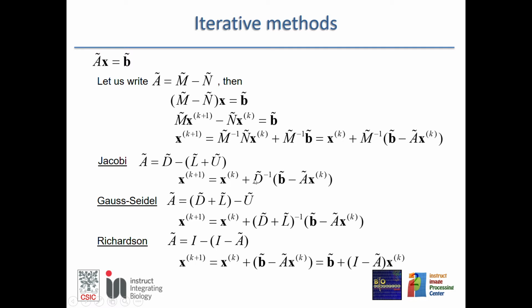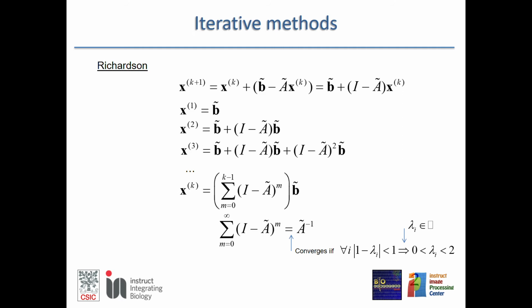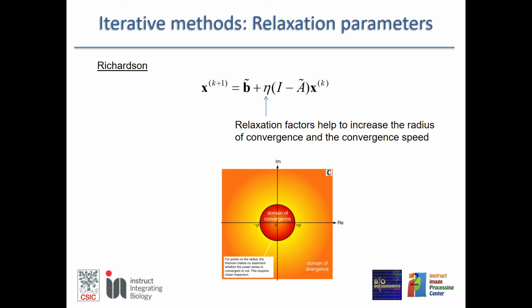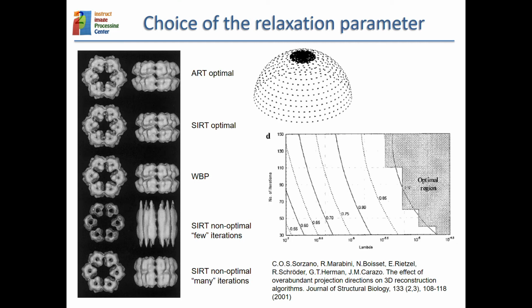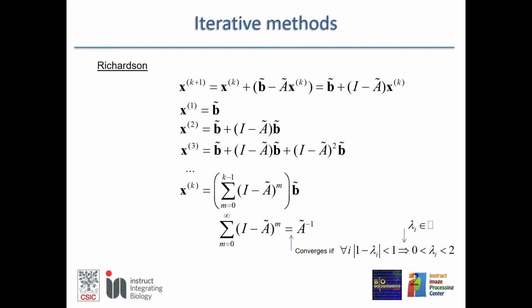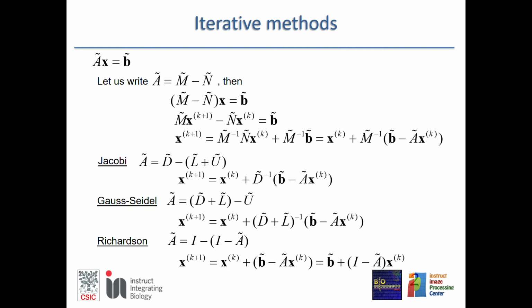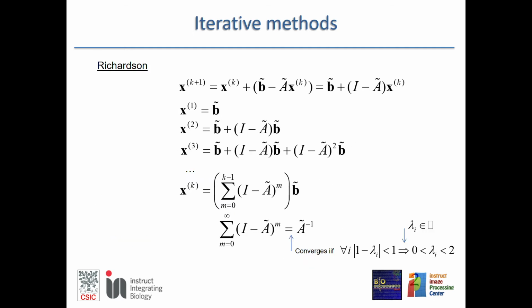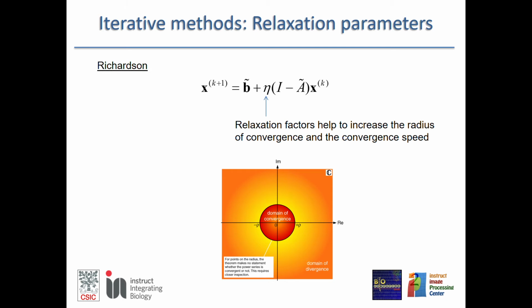All this family of algorithms, like ART, SIRT, weighted back projection, etc., make different choices of the composition that you are using. And something very interesting is that you can have a relaxation factor.